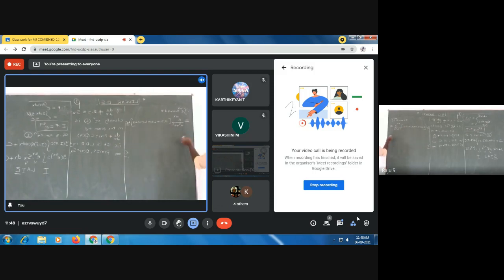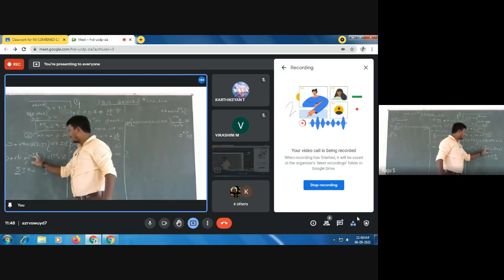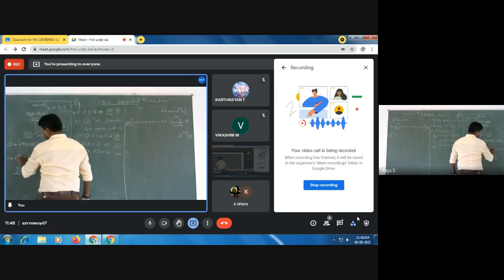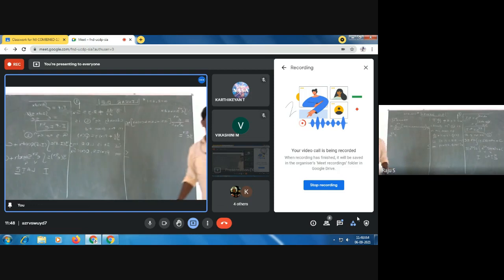Then the left side is y e to the power of 2x. What about the right side? What is the a value, b value? A value is 2, b value is 1, comparing with e power ax sin bx; sin x means the x coefficient is 1. Clear? Substitute a and b values.